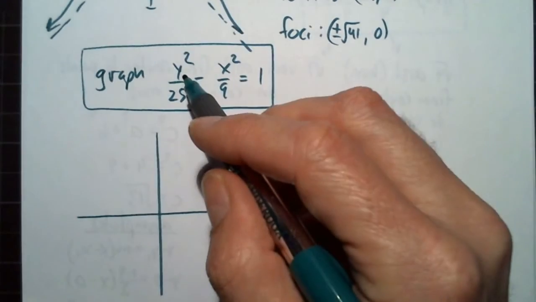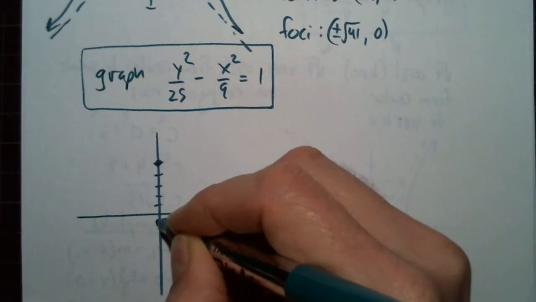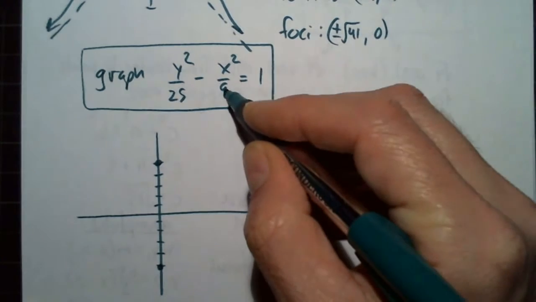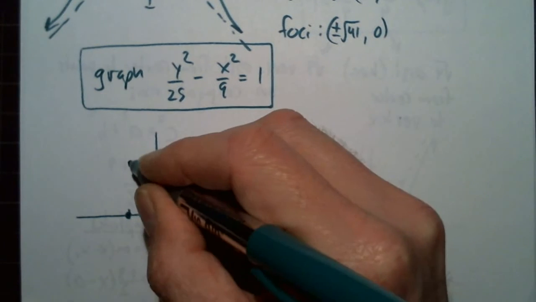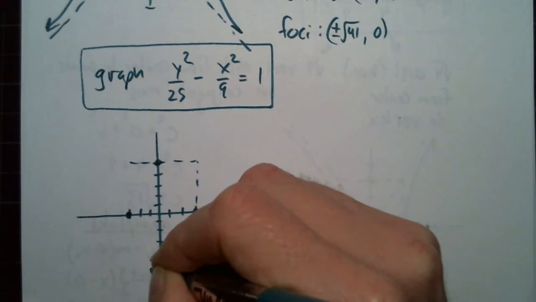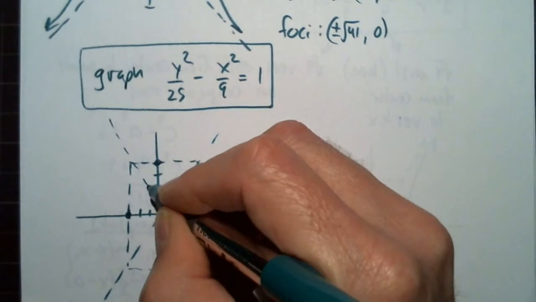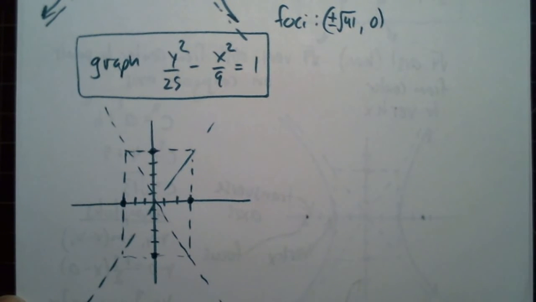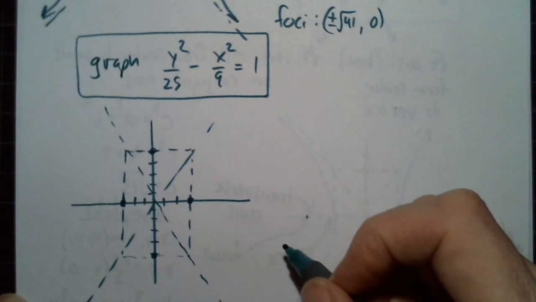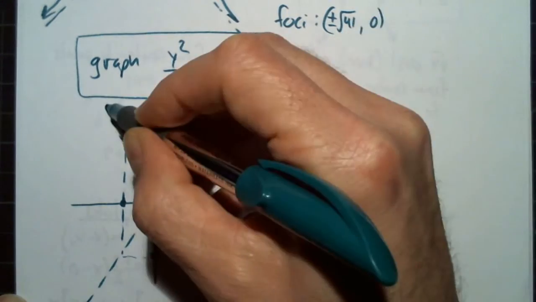Here it's going to open vertically, and we're going to move 5 vertically. We're going to move 3 horizontally. And we know it's opening vertically, so we're going to draw the hyperbola there.